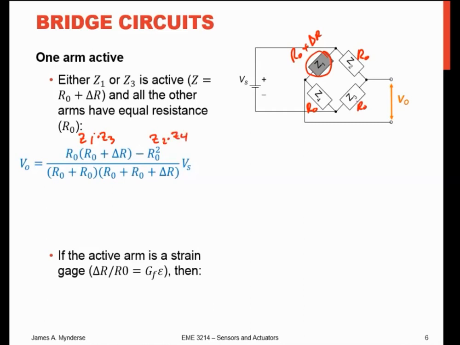And in the denominator, I have Z1 plus Z4 and Z2 plus Z3. And we just substitute all that in. I wrote that in a bad place there. So we can simplify that whole thing to this equation in a couple more steps.